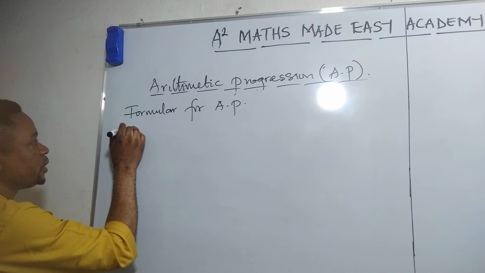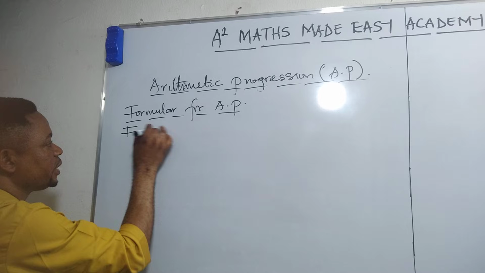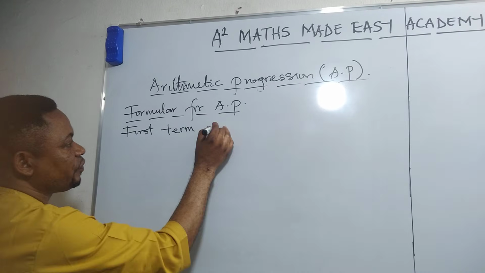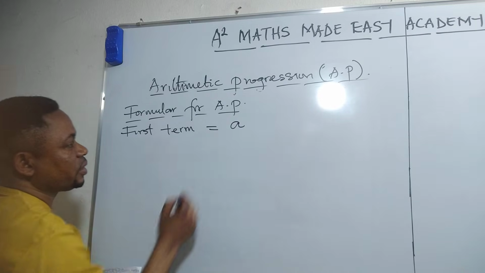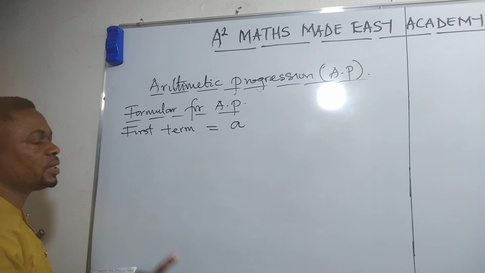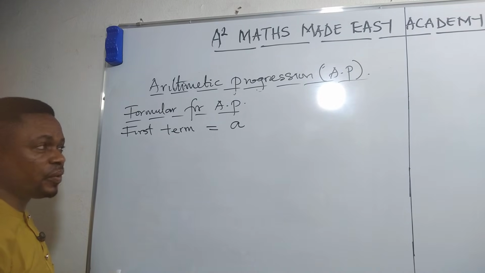Now I want to start with what we call the first term. Anytime you hear the word first term of an AP, have it in mind that it is A. And A simply means the first number that appears in a given sequence. Are you with me?